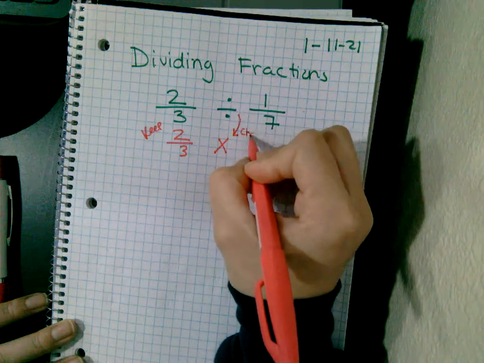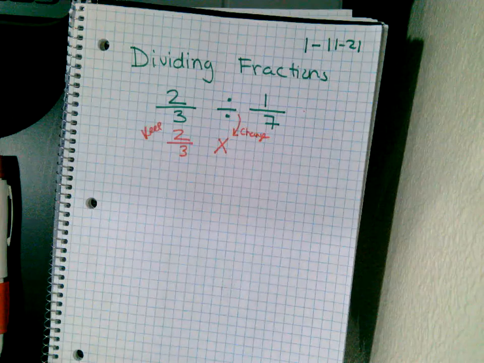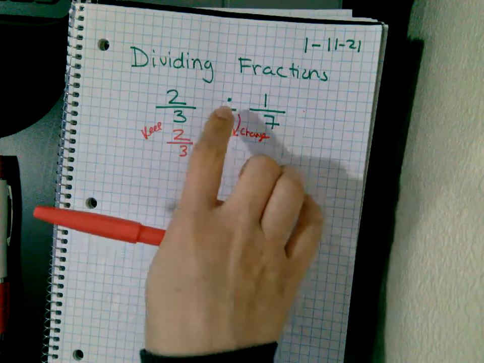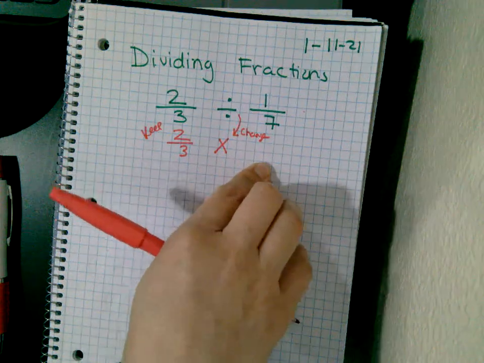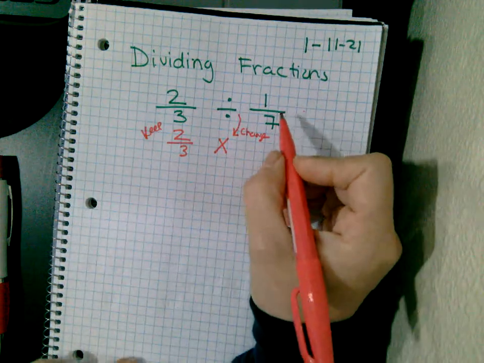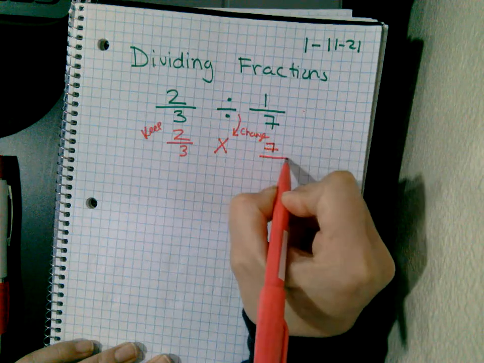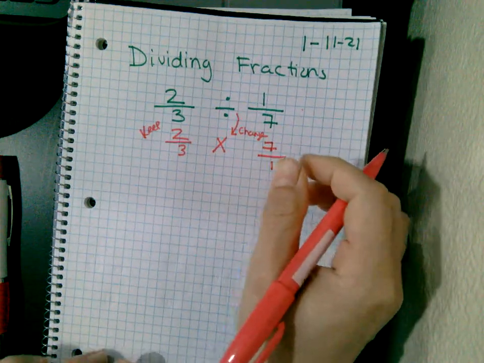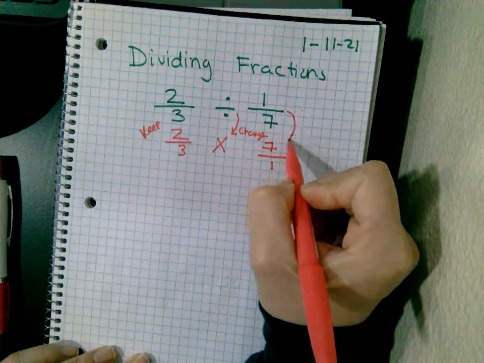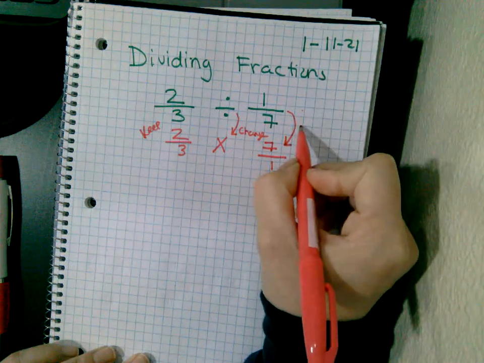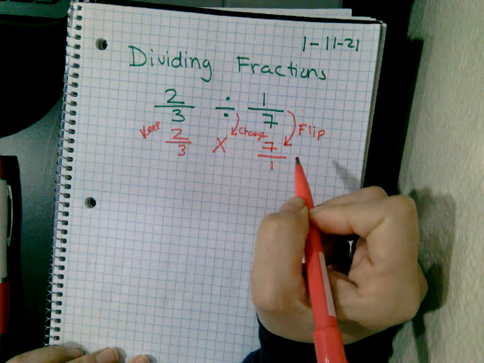We change this, okay? So because we went from division to multiplication, the second fraction has to change. So we change the second fraction to 7/1. Now, how did I get 7/1? You take this fraction, and what we call is you flip it. You just flip it.